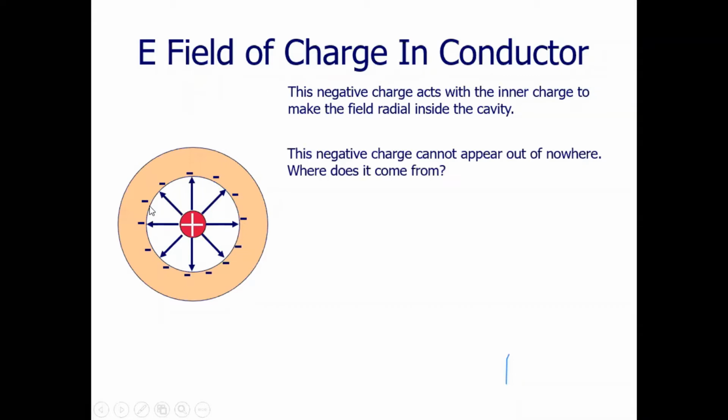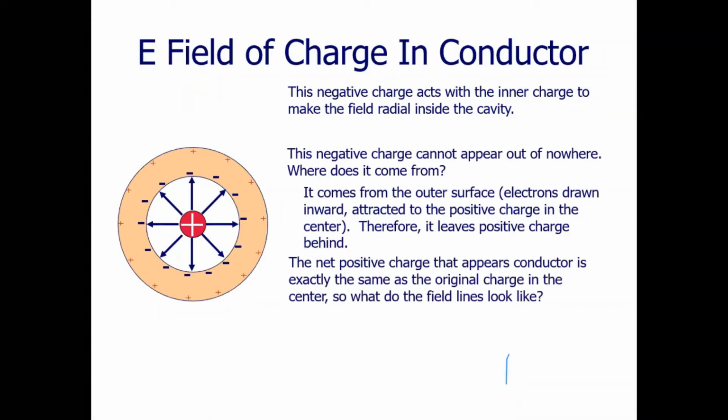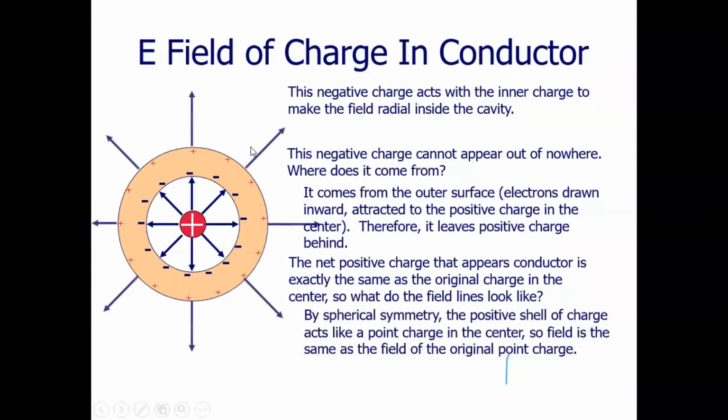And secondly, this charge that has built up on the inner surface of the shell will leave positive charge exposed outside, and that positive charge will again result in an electric field outside. So with this arrangement, inside the conductor the electric field is equal to 0, but within the cavity there is an electric field, and outside the conductor there is an electric field.